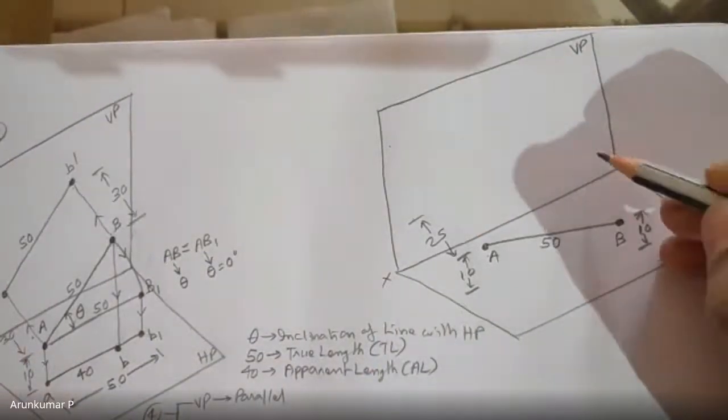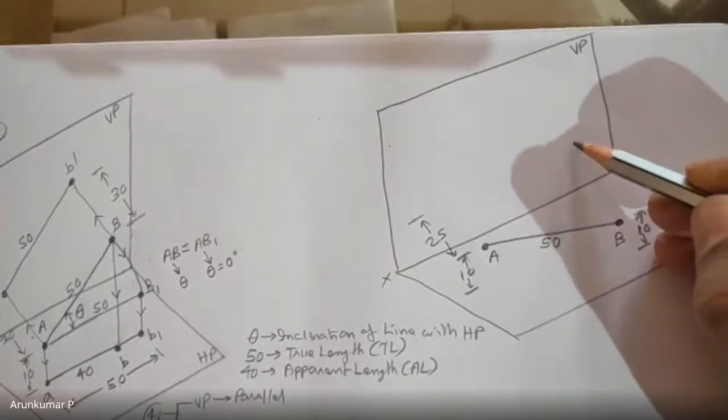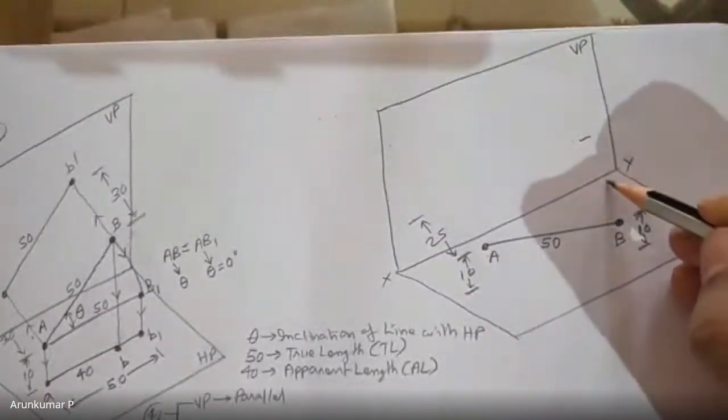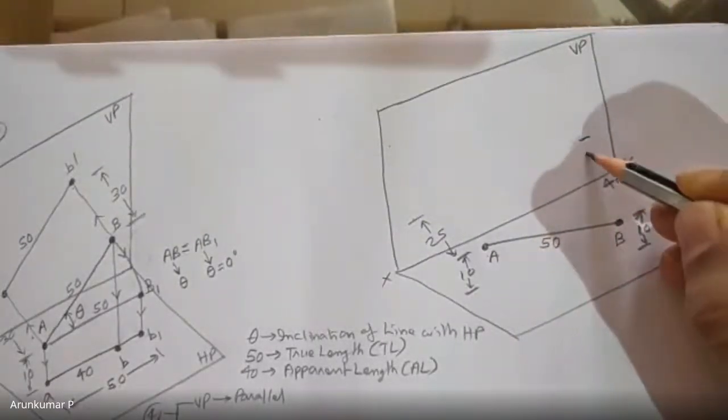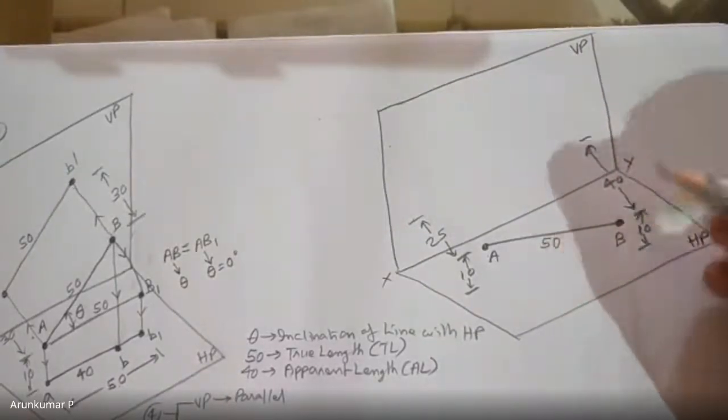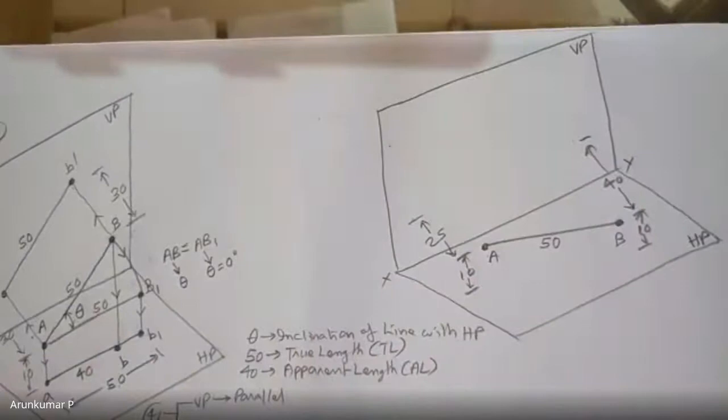However, end B is around 40 mm in front of VP. Okay.